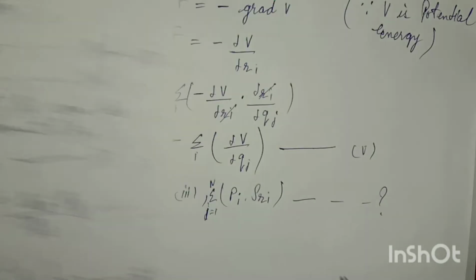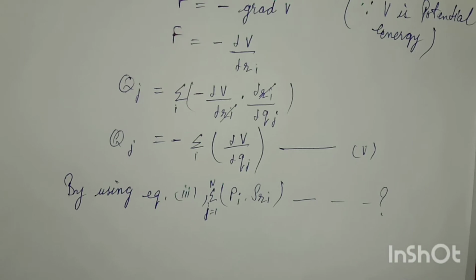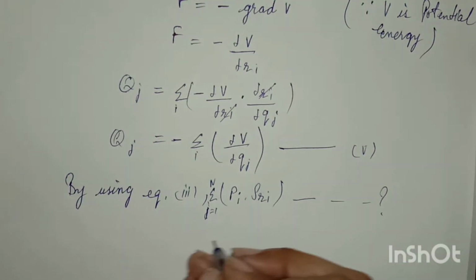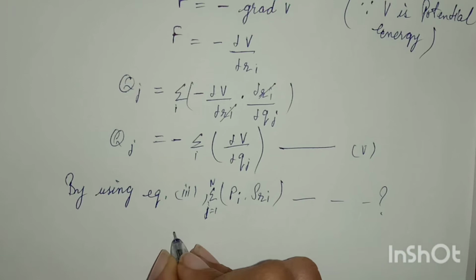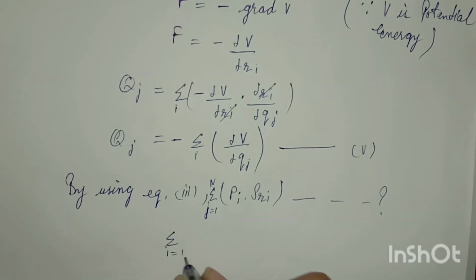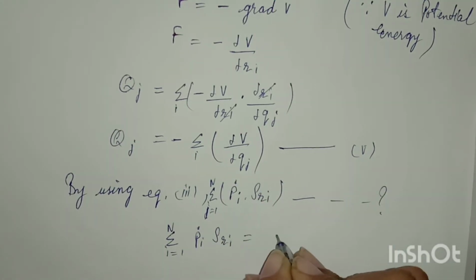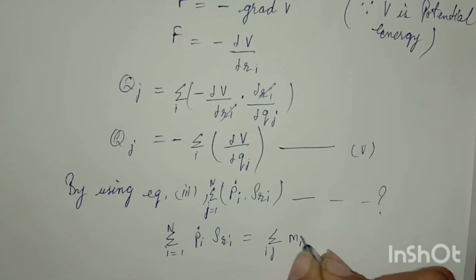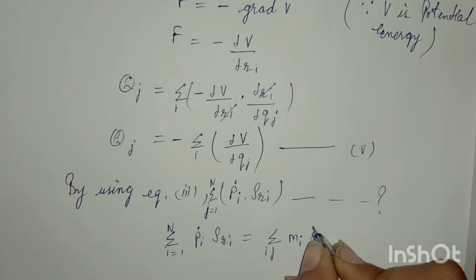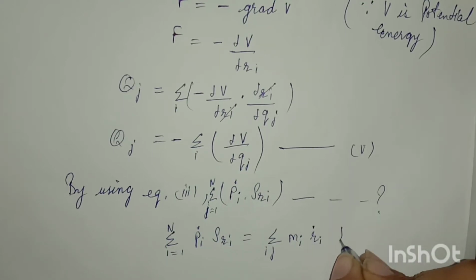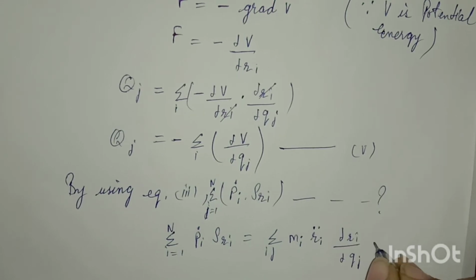Then this equation becomes summation i equals 1 to n of Pi dot delta Ri is equal to summation ij of mi Ri double dot dot ∂Ri upon ∂Qj into delta Qj.